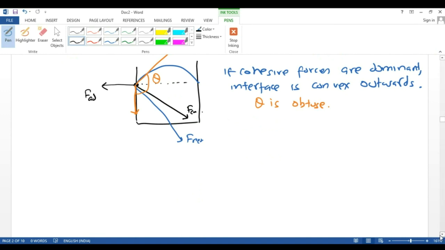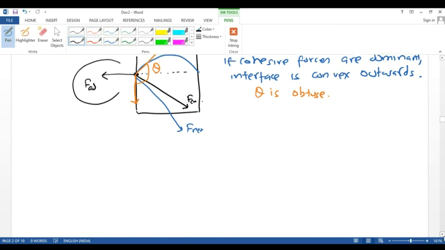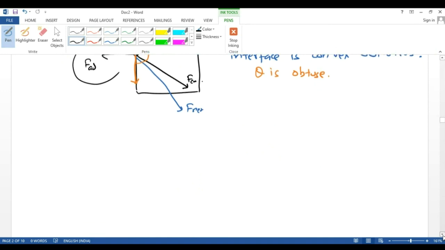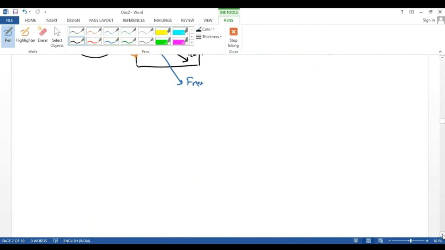So in all these examples, you might have noticed that I'm showing that the adhesive force is acting exactly perpendicular to the container, so it is acting perpendicular to the surface. What was the logic behind it? That is again something you can have a look at.